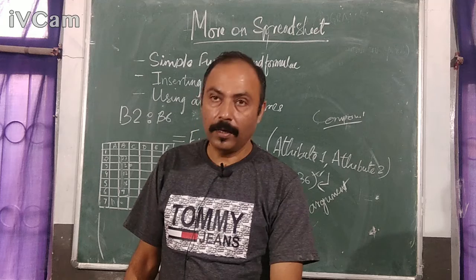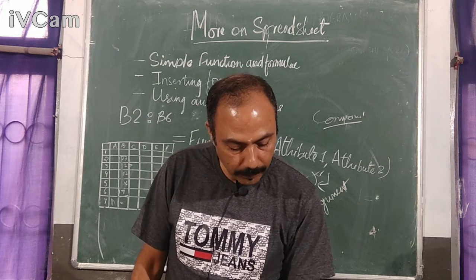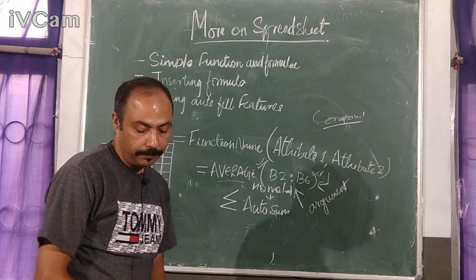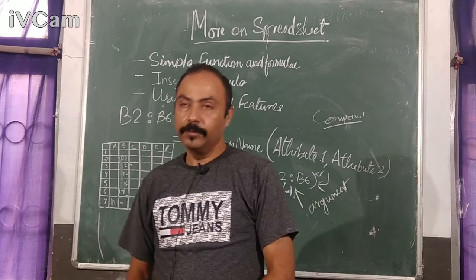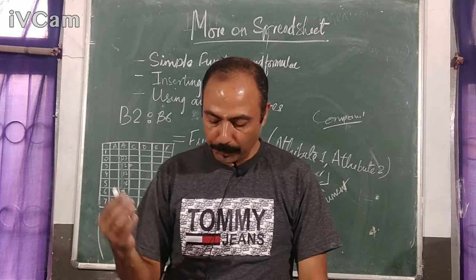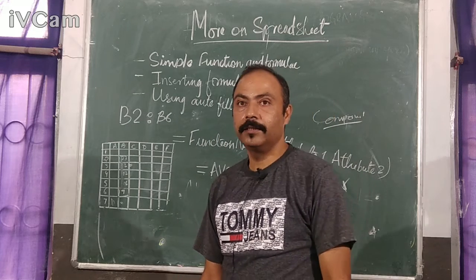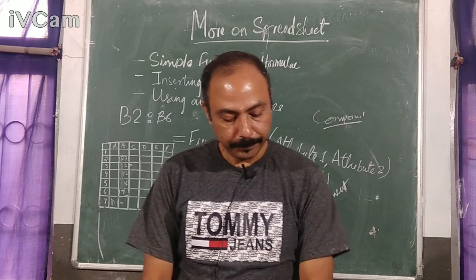Then the AutoSum menu will appear. You can see the menu in figure 2 in your book. It shows you sum, average, count numbers, max, min and more functions.